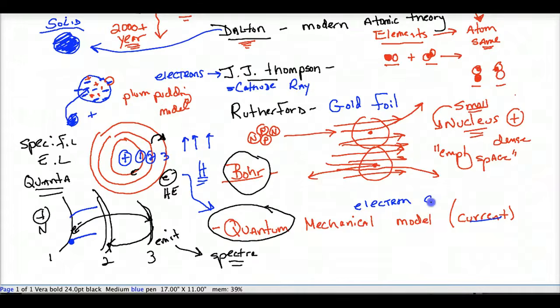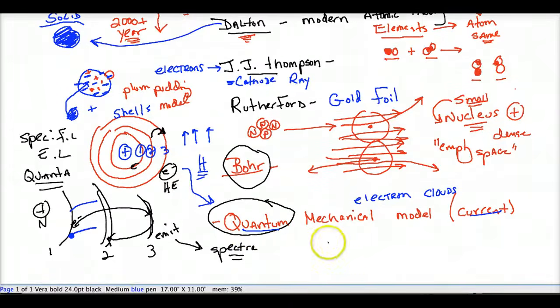So electrons do not exist in circular paths and orbits. By the way, 1, 2, and 3 would represent the rows on the periodic table. So even though we talk a lot of times about shells of electrons, a lot of times we'll go back to the Bohr model to make some sense of this because it's hard to think in terms of quantum. But what you need to know about the electron cloud model is that electrons exist not in orbits, but in shapes.